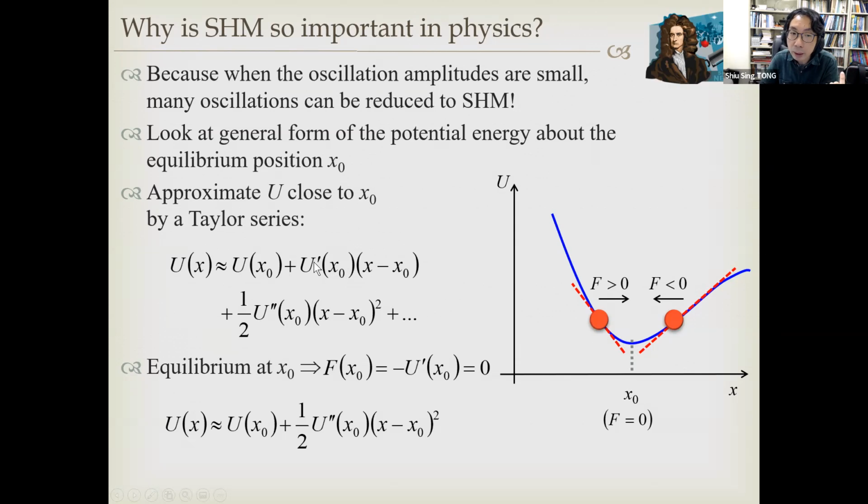The second term is the derivative of U at that position multiplied by the first order change, x minus x0. The third term is half of the second derivative at that position multiplied by x minus x0 squared, and so on and so forth. I have higher order terms, but I neglect them. So I approximate U in the close vicinity of the equilibrium position. Now this expression is only correct when x is sufficiently close to x0. If I get farther away, the approximation may not work well.